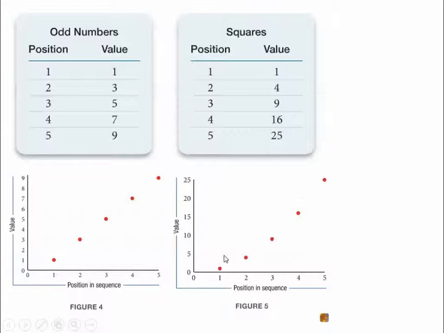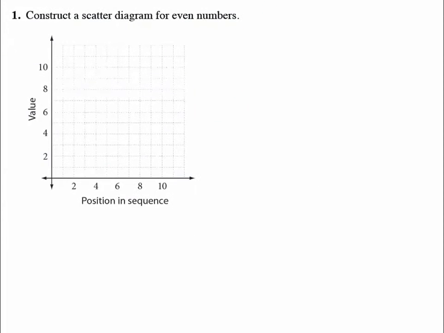Okay, so just for practice, let's do a scatter plot. Then from here on out, we'll start connecting lines. But for practice's sake, let's just do it one time. Can you construct a scatter plot based upon the even numbers? One thing we should know is the first even number is 0, because we still consider 0 an even number.